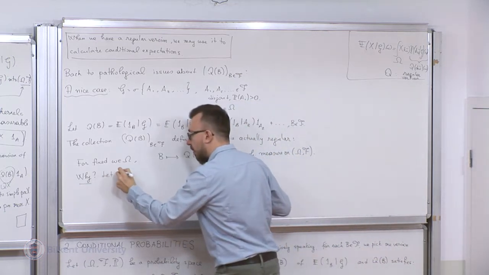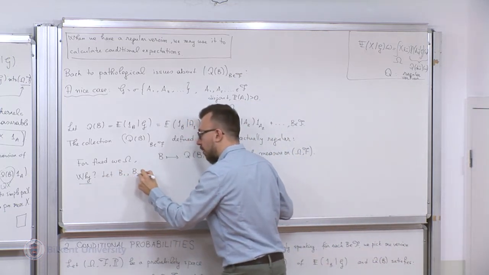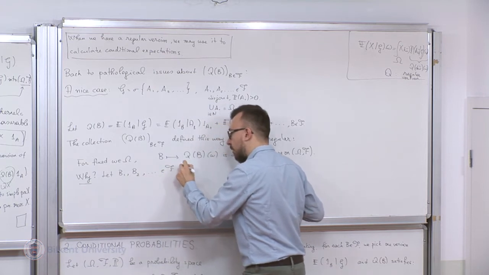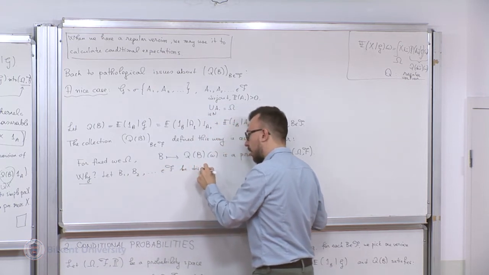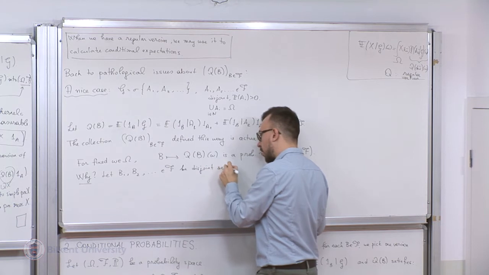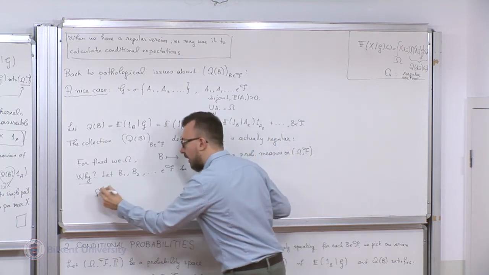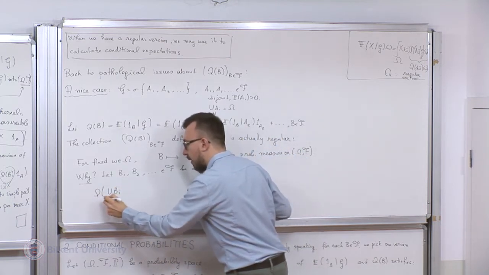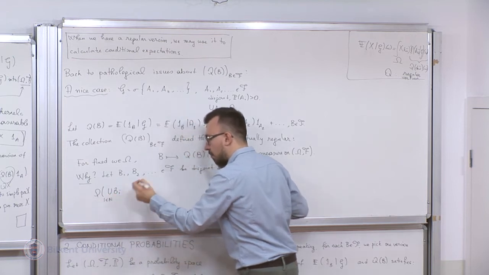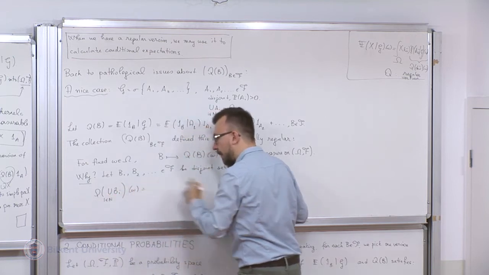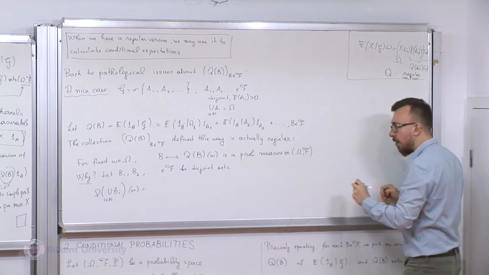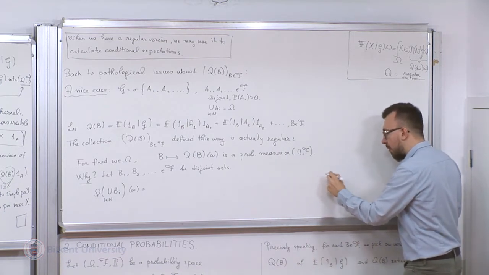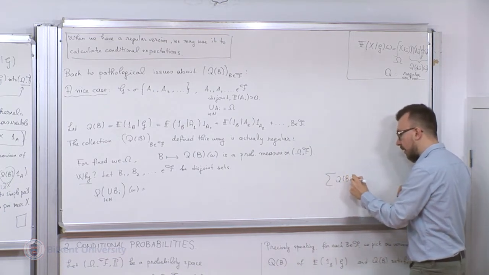So let B1, B2 be disjoint sets. So we need to calculate Q of the union at omega. And hopefully this is going to be the sum of QBi's.